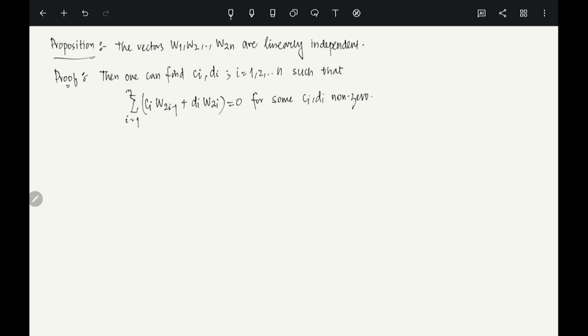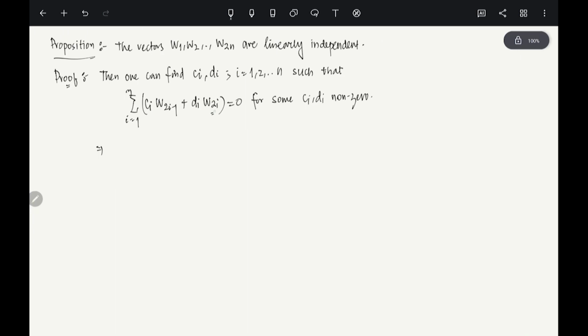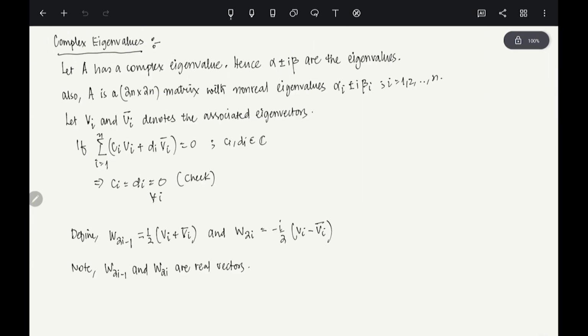Okay, now if this relation holds, what is W_{2i-1}? That is nothing but half times (Vi plus Vi bar), right? And what is W_{2i}? It is the imaginary part, so minus i/2 (Vi minus Vi bar).